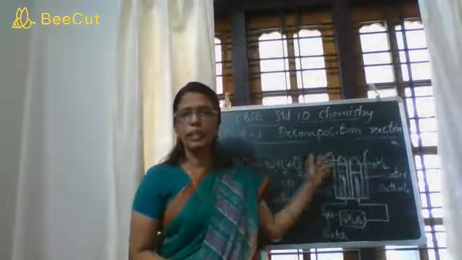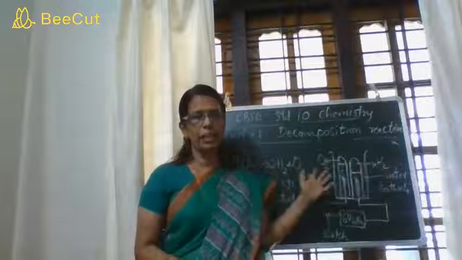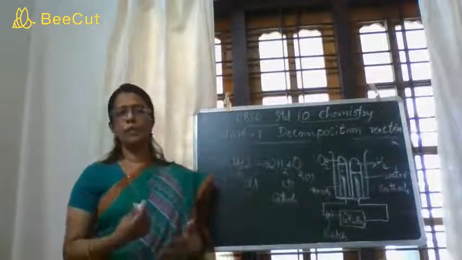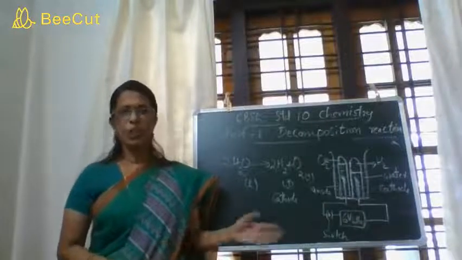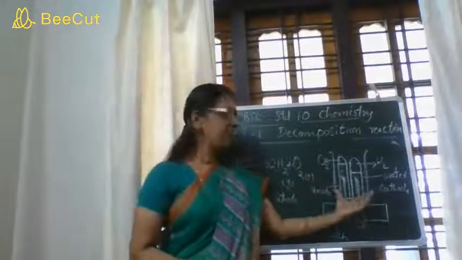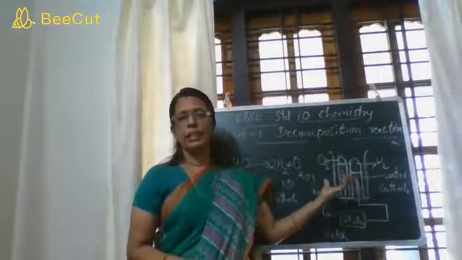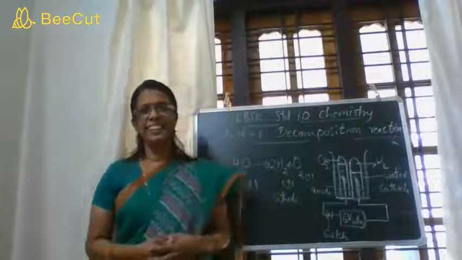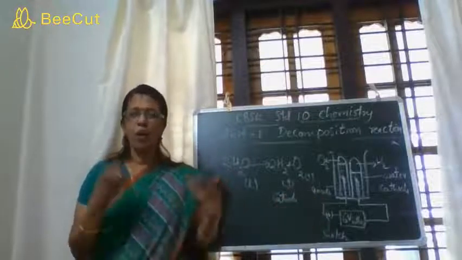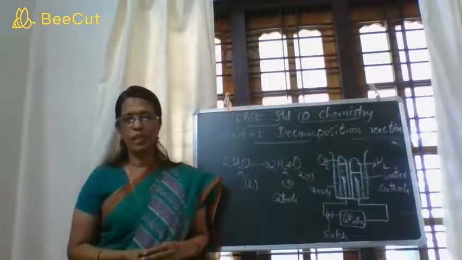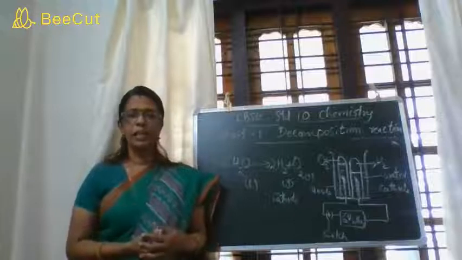Sometimes A or B is written, what is A and what is B, and what is the purpose of adding a little bit of dilute sulfuric acid to the water taken in the beaker or mug in which we are conducting the electrolysis or the decomposition reaction. What is the purpose of adding dilute sulfuric acid? You can expect that question.